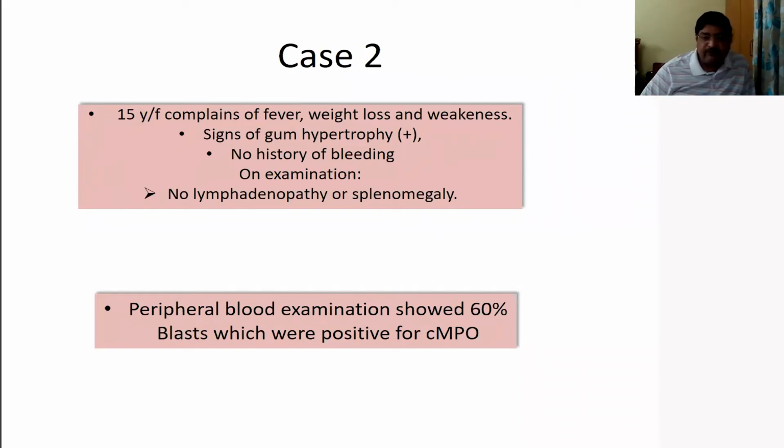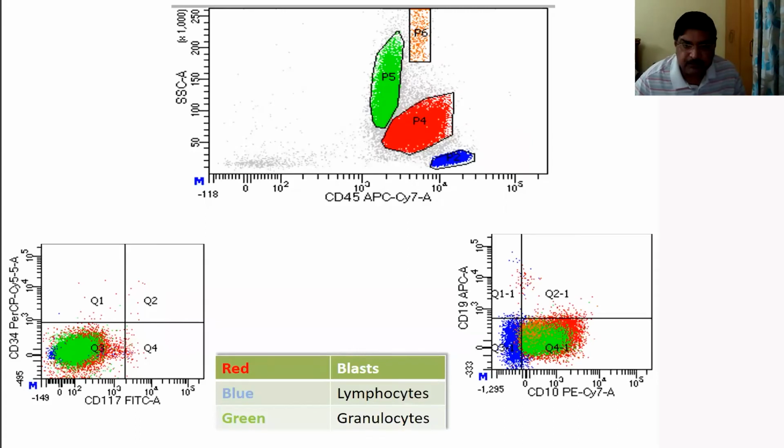In case 2, you have a 15-year-old female who complains of fever, weight loss and weakness, with signs of gum hypertrophy and no history of bleeding. On examination, the patient has no lymphadenopathy or splenomegaly. The peripheral blood smear showed 60% blasts, which were positive for MPO. So the diagnosis is simple.